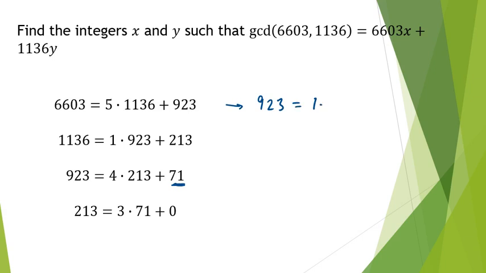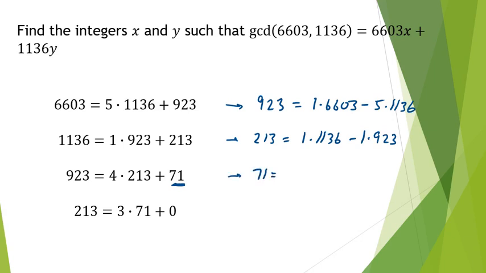923 is 1 times 6603 minus 5 times 1136. 213 is 1 times 1136 minus 1 times 923. And 71 is equal to 1 times 923 minus 4 times 213.